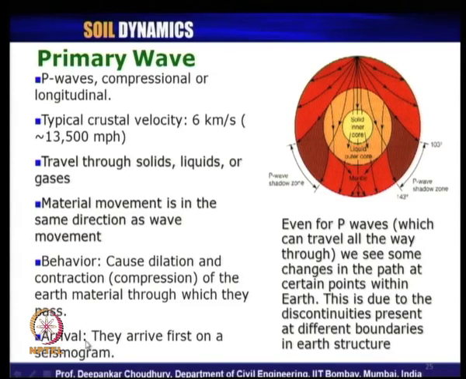About their arrival, they arrive first on the seismogram because of their very high crustal velocity. That is the maximum crustal velocity among all the waves. So, P wave has the maximum crustal velocity among the 4 types of waves.